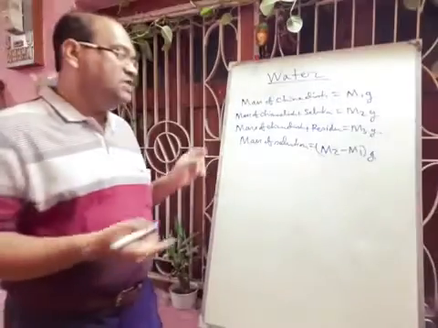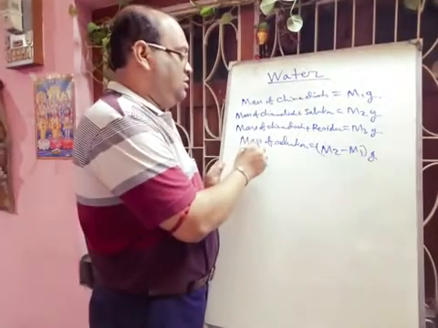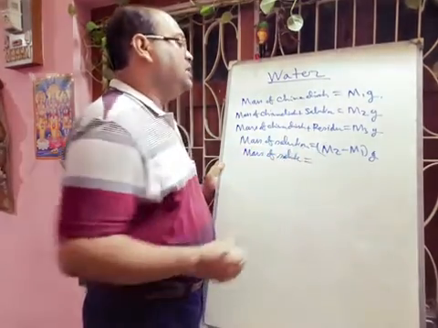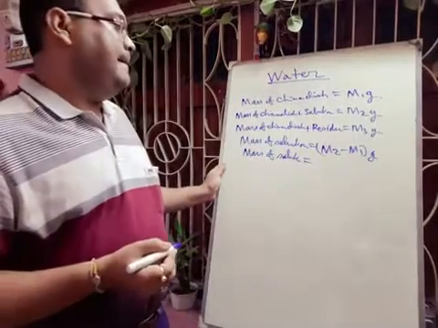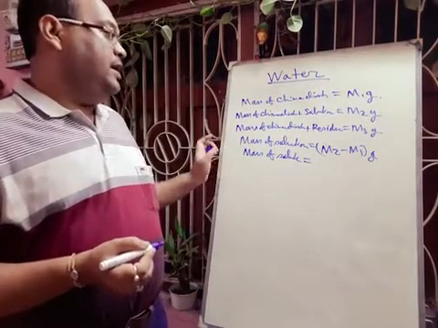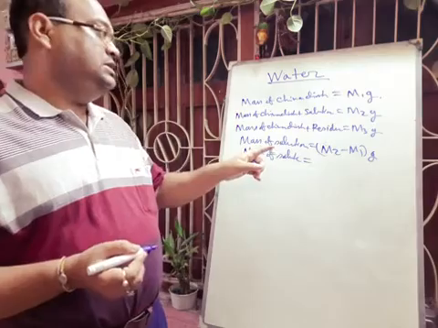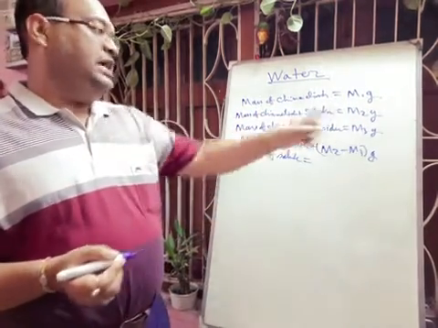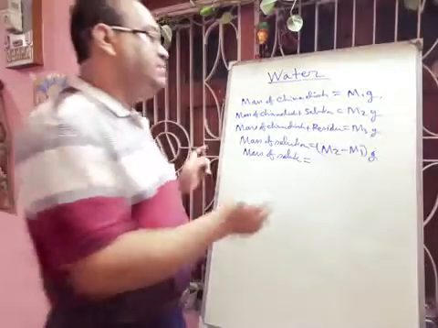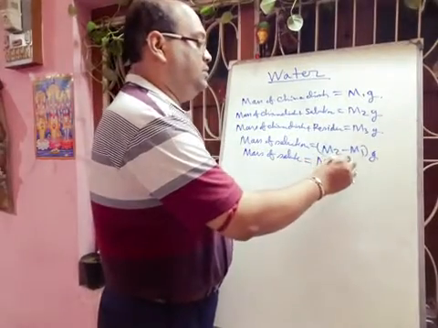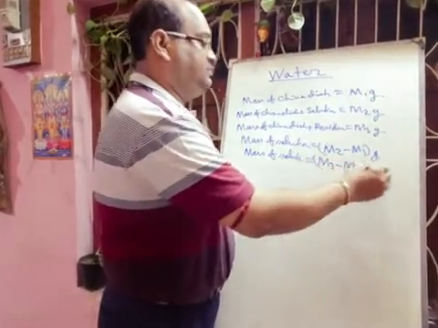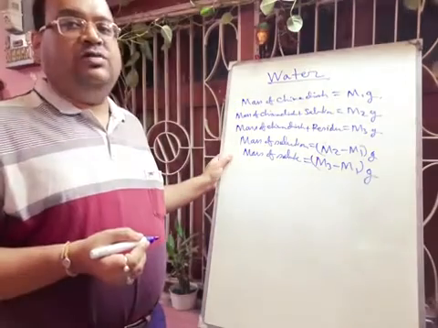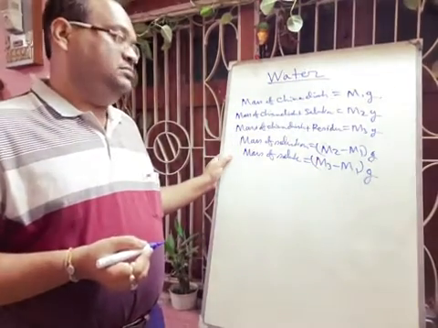And next, the mass of solute. In case of the mass of solute, you have to subtract the mass of the china dish from m3. So you write m3 minus m1 gram. Hope you can understand. Next, what will be the mass of the solvent?